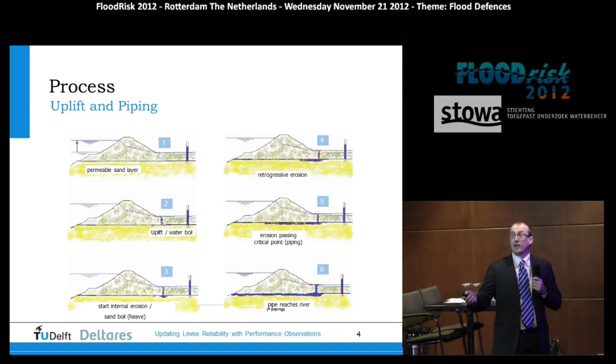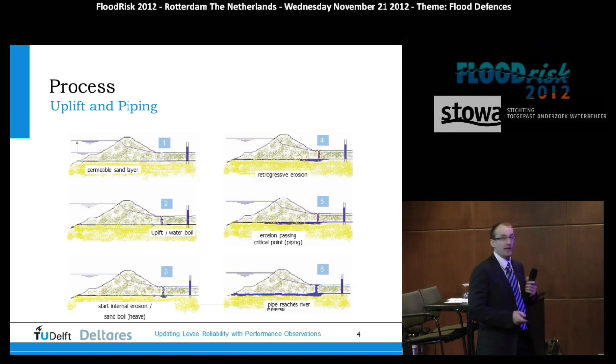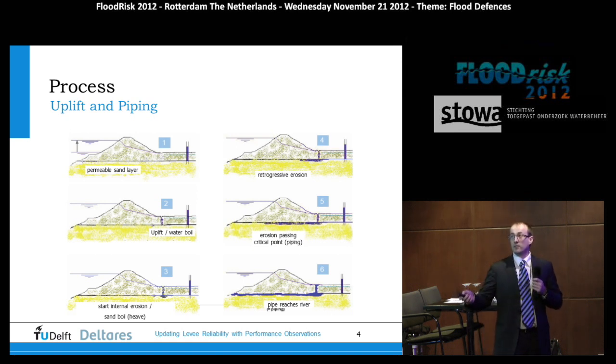If you get high flood stages, you get quite high pressures in the sand in this aquifer, which can lead to lifting and rupturing of this blanket layer and cause defects which can act as erosion channels. And then if the gradient in such channels is high enough and the pressures are high enough, erosion can start and you can get formation of those pipes moving towards the river, undermining the levee and causing collapse.